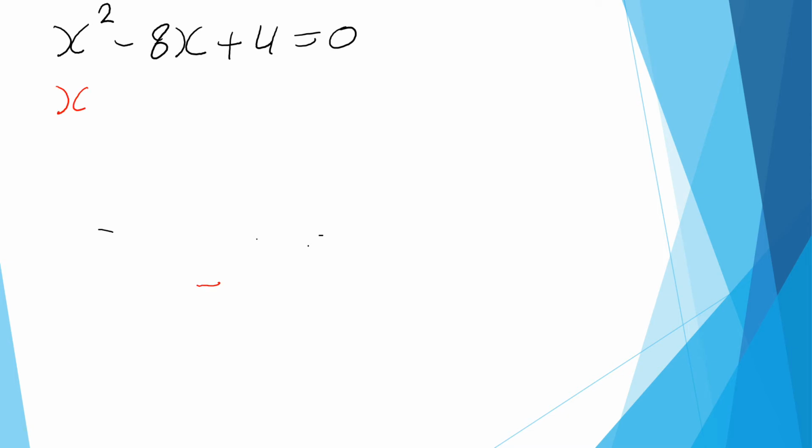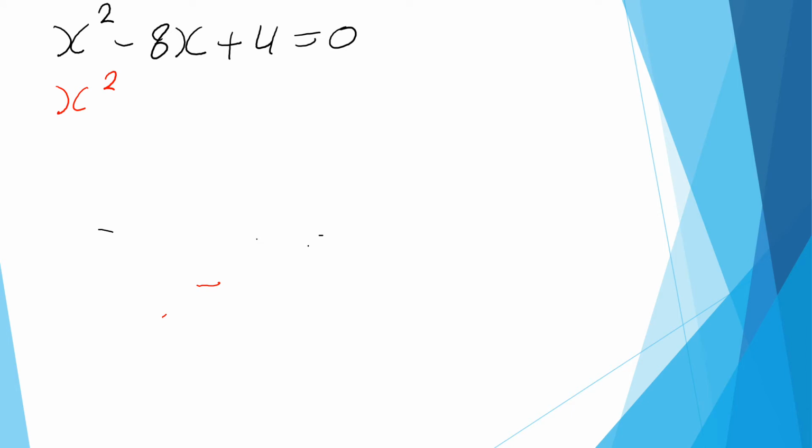We'll do one more example before we move into a bit harder equations. So we could get x squared minus 8x plus 4 equals 0. And now to factorize this using completing the square, remember you have the b, which is 8, half is 4, square it is 16.